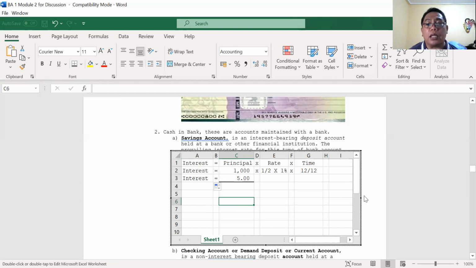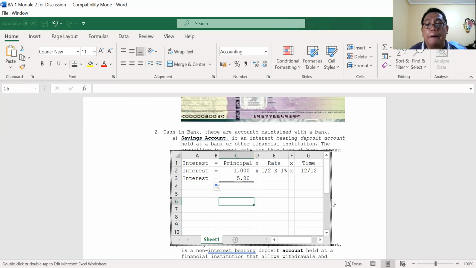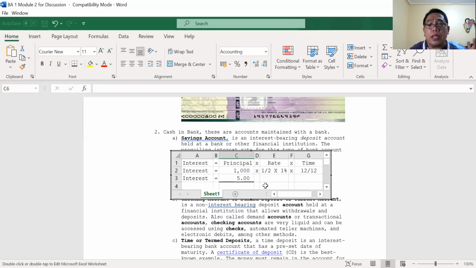So it's not really that advisable if you have excess funds to deposit them in a savings account. But of course, rather than having a risky investment, you may choose whatever type of investment or deposit account.